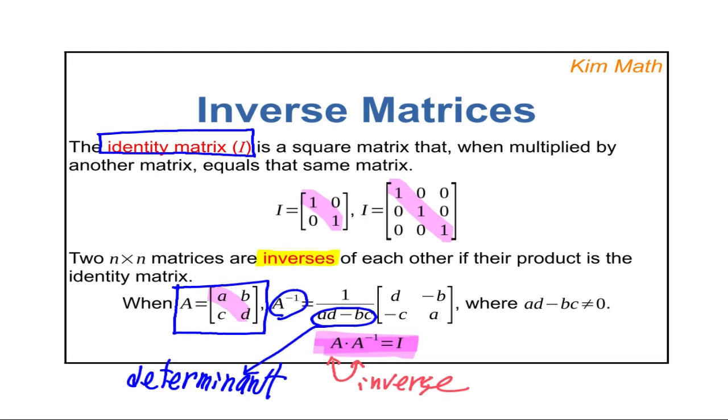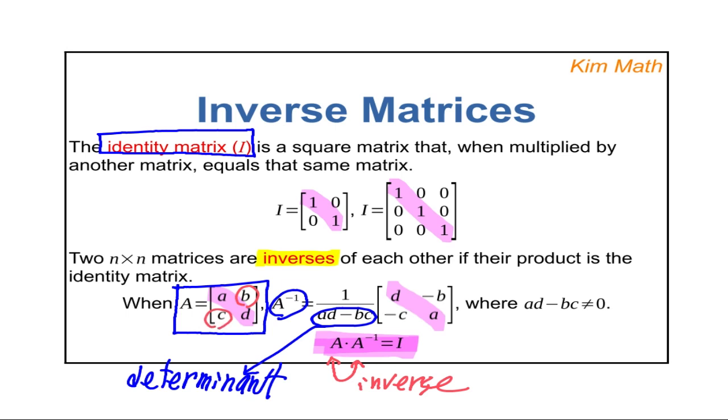The main diagonal is A and D. Now our inverse matrix has the D and A, so you must switch these two numbers. Okay, and the other two numbers, you have a B here, you have a C here.